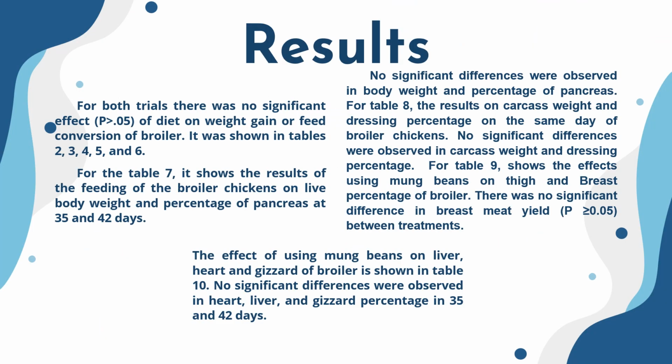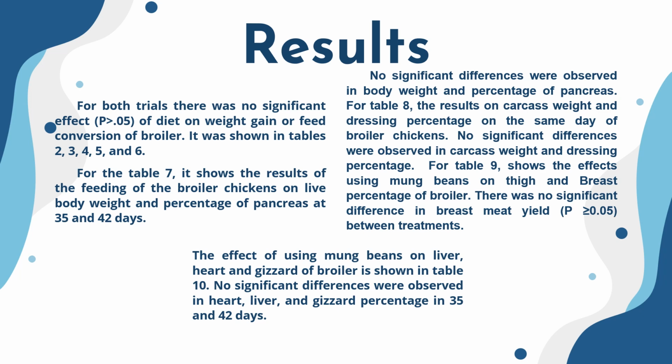So the results here show that there was no significant effect of diet on weight gain or feed conversion ratio of the broiler chickens. It was shown in tables 2 to 6. As for tables 7 to 10, they show different results. Table 7 shows the results from the feeding of broiler chickens on live body weight and percentage of pancreas at 35 and 42 days old.